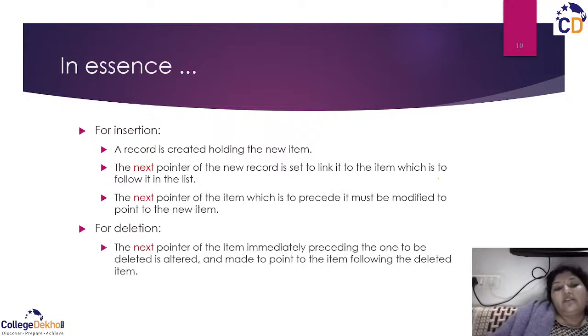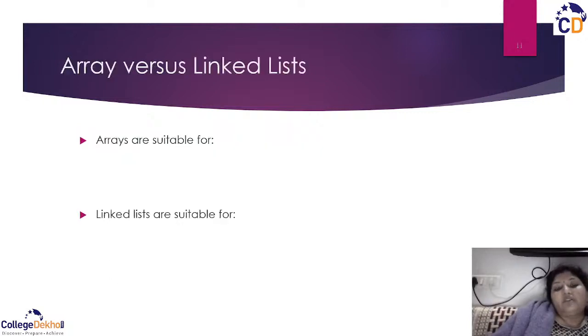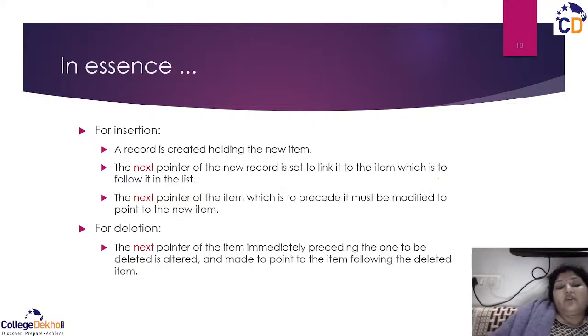Now let us see the essence of this. For insertion, a record is created holding the new item. Suppose I want to insert a temp in a particular linked list, I may have a new data item.